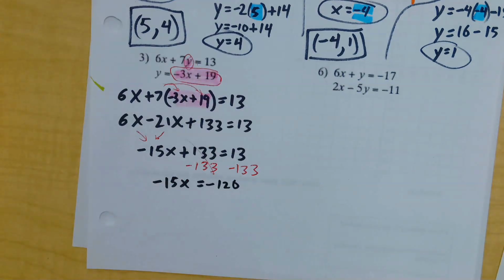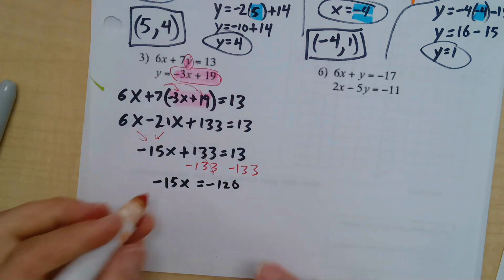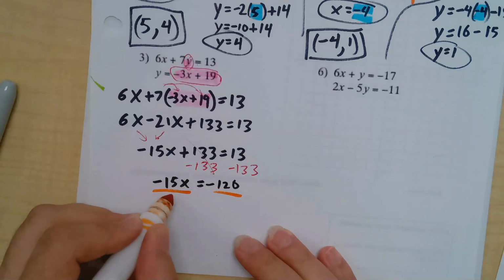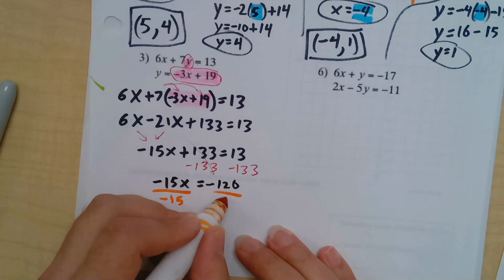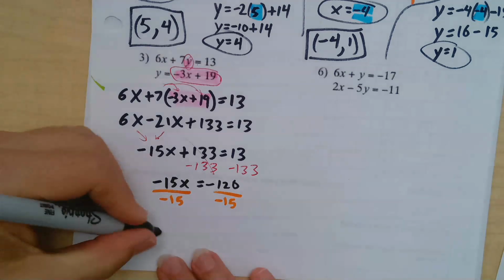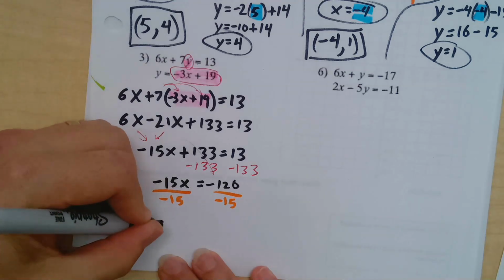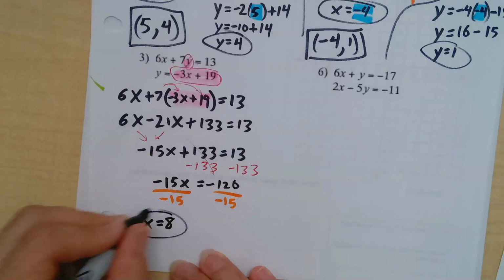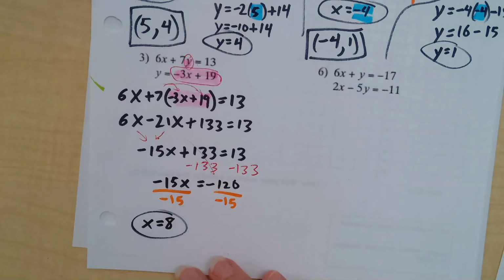Okay, and then my final step here to get x is I'm going to divide both sides by negative 15. And then I end up with x equals 8. Remember, negative divided by negative gives me positive.